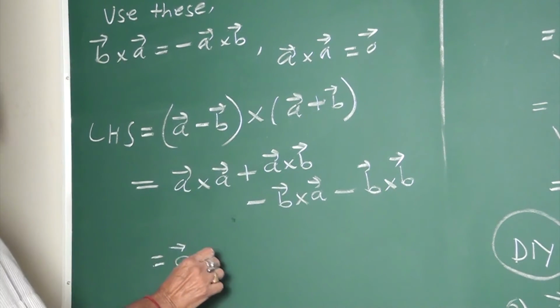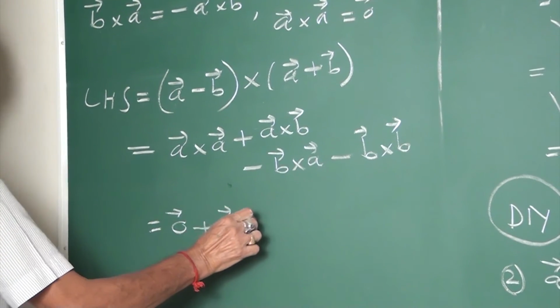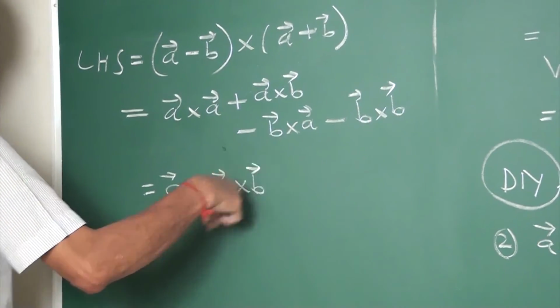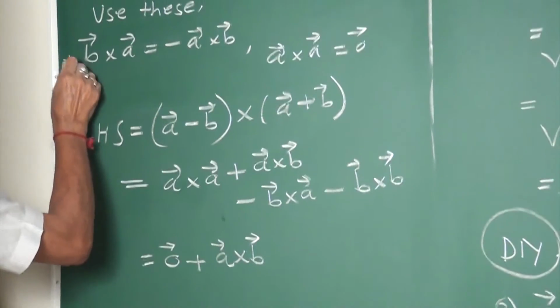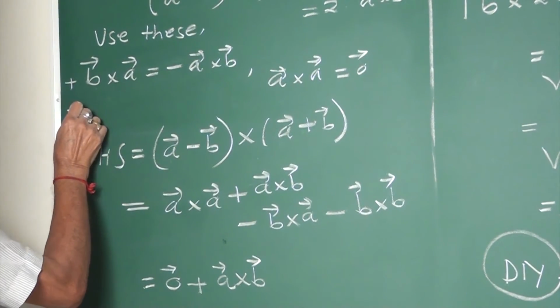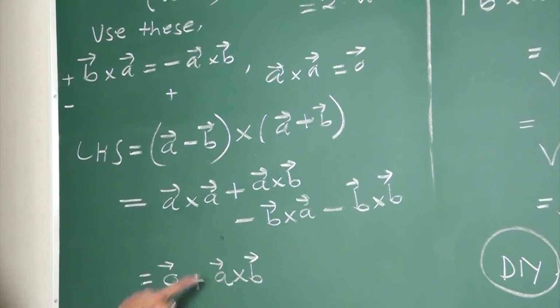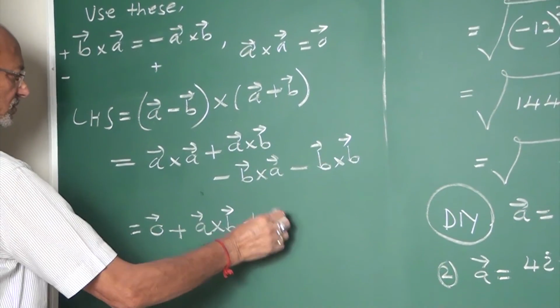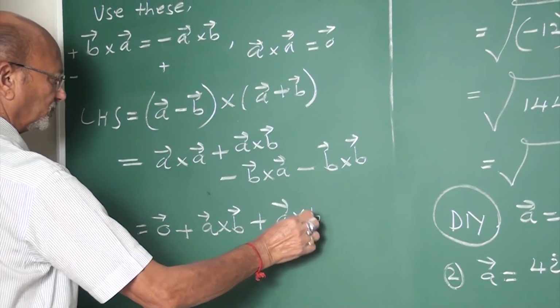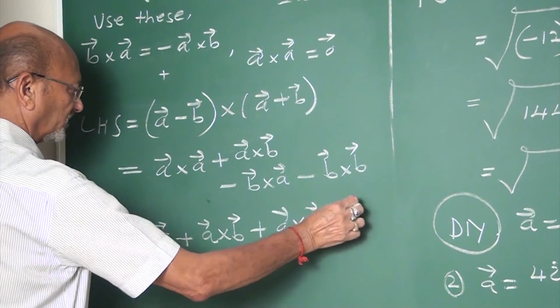This is plus A cross B. Tell my friend, B cross A, this minus becomes plus, because if it is minus here, it becomes plus. So, sign change. Minus becomes plus, A cross B.